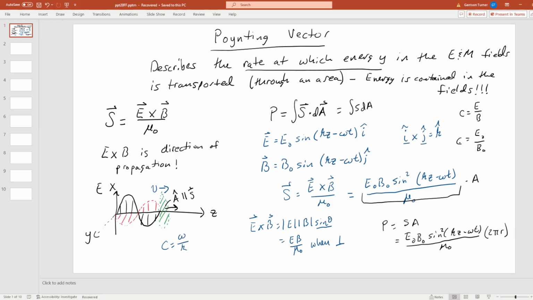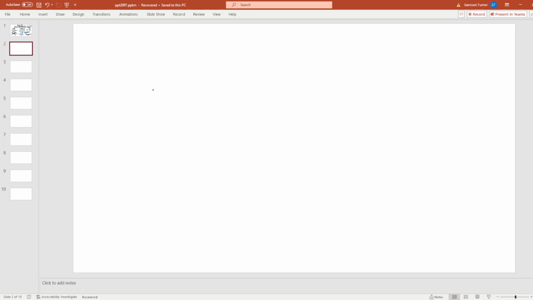But there's another really interesting case, and that is the resistor.